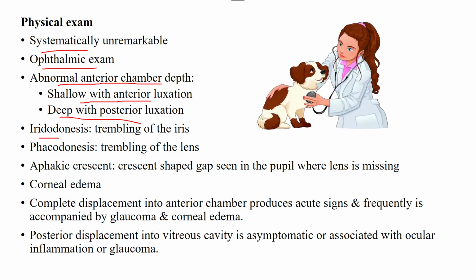These words, iridodonesis or phacodonesis, are not that important as far as the paper is concerned. They are not going to give you much hard wording, but I have mentioned them here because you should know them: iridodonesis is trembling of the iris, and trembling of the lens is called phacodonesis. Then there is an aphakic crescent-shaped gap in between the pupil where the lens is missing.